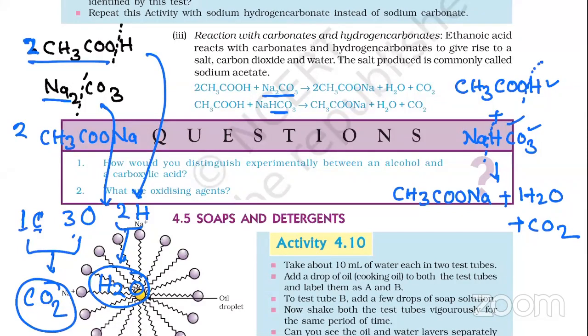KMnO4 is called potassium permanganate, and K2Cr2O7 is called potassium dichromate.